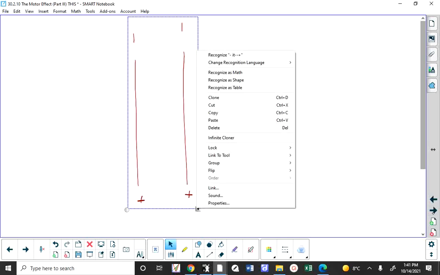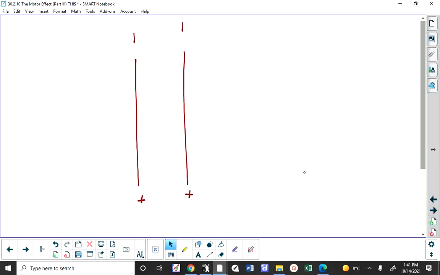Around this wire, there is a magnetic field that circles it. I would like you to wrap your mind and your right hand around that wire so that you get a visual of what the magnetic field would look like.